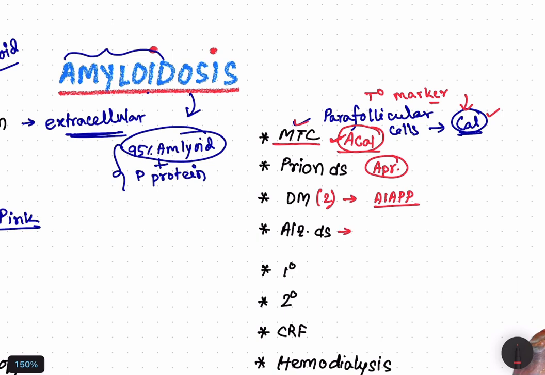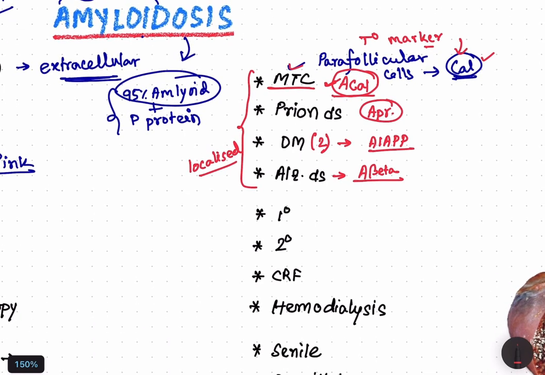In case of Alzheimer's, it is A beta. Please remember, it is not A beta 2 microglobulin, it is A beta only, and that is the Alzheimer associated amyloid protein. These are all examples of localized amyloidosis.